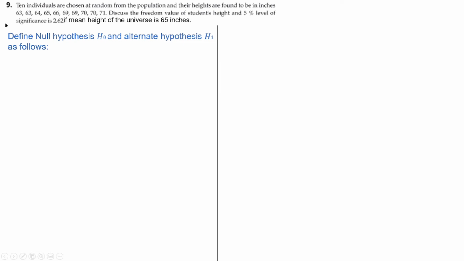So let us first define the null hypothesis H0 and the alternate hypothesis H1 as follows. H0 is mu equal to 65 inches and the alternate hypothesis H1 is mu not equal to 65 inches.